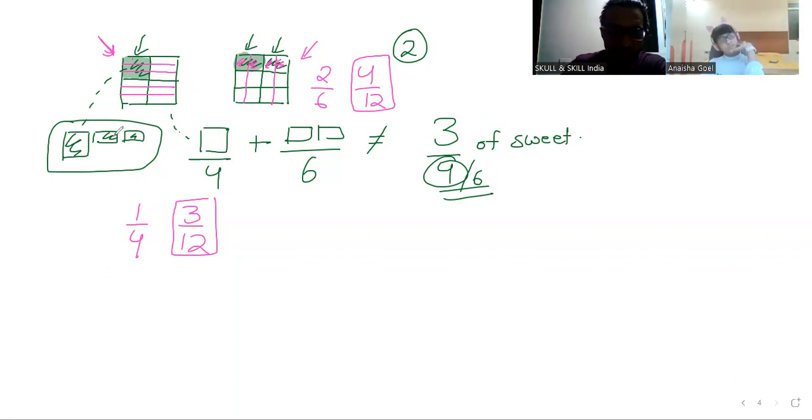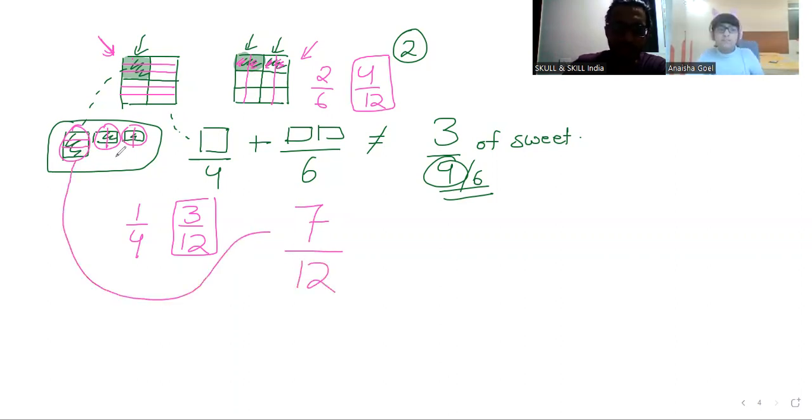See, this one, the left side 4 one, has been divided like this, so it has become 3. Now these parts are equal. Now you can very well write these 3, 2 and 2, 7 out of 12. Do you see the point or not?